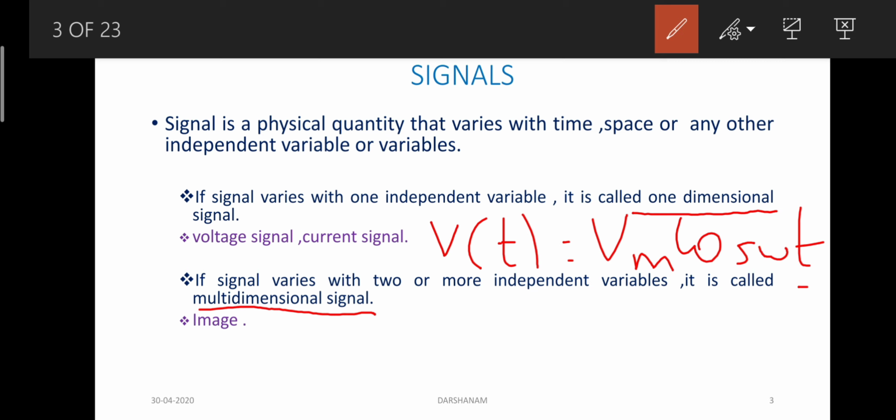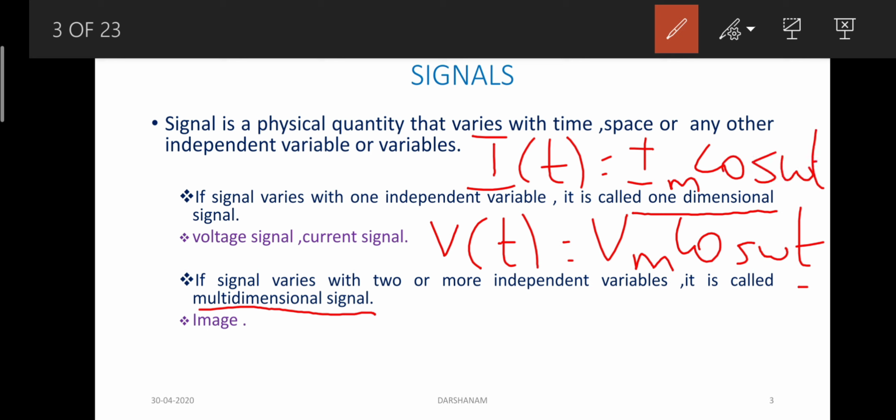So, voltage signal is a one-dimensional signal which is varying with t. The same is the case of current signal I of t. That is I of t equal to Im cos omega t. Here also the current is changing with respect to time.